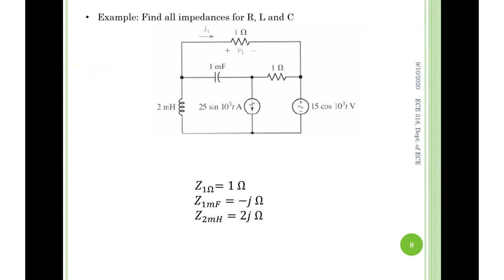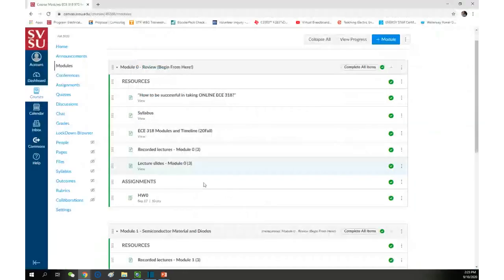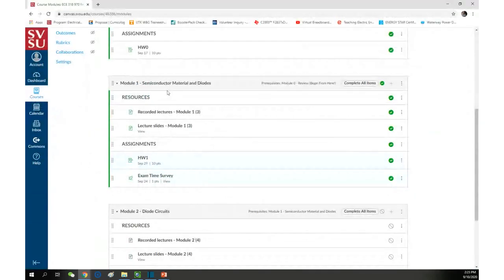Just one thing, I published an exam time survey. Let me show you, where is it? It's here, at the end of module 1. Go to module 1 and you will see it at the end. This is something you have to complete: provide me survey feedback about whether the planned exam time is okay for you.